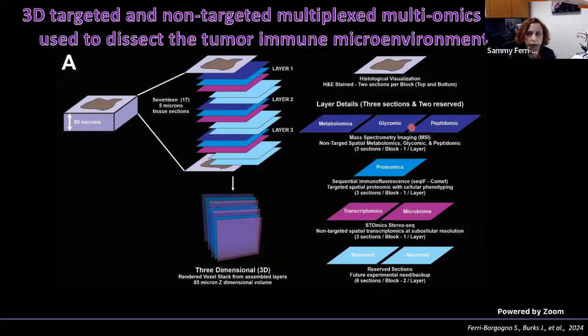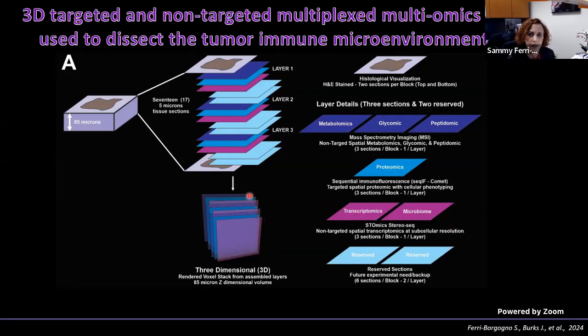On the top layer, we performed mass spectrometry imaging, which is non-targeted spatial metabolomics, glycomics, and peptidomics. On the middle section, this is the only targeted approach that we utilized, and we performed sequential immunofluorescence utilizing a 20-plex antibody panel. And in the third section, we performed Stereo-seq, which is non-targeted spatial transcriptomics at subcellular resolution.